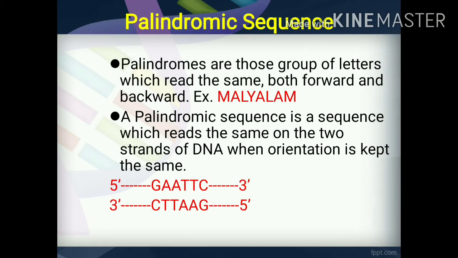A palindromic sequence is the same on the two strands of DNA when the orientation is kept the same. GAATTC from 5' to 3', and again from 5' to 3', GAATTC, but it is written from 3' to 5'. So from right to left and left to right they read the same. So they are palindromic sequences.